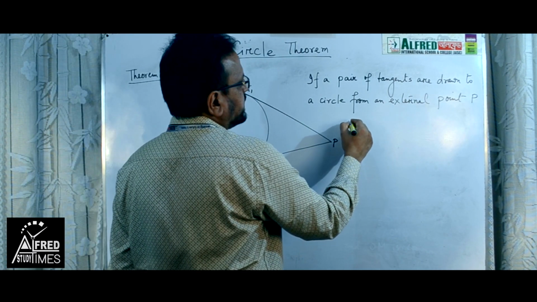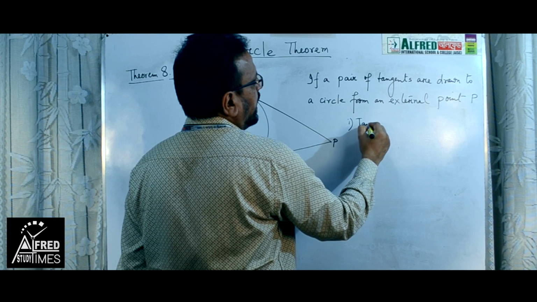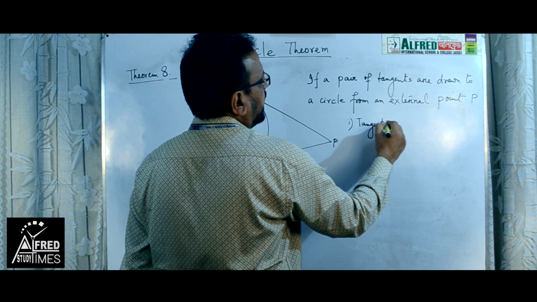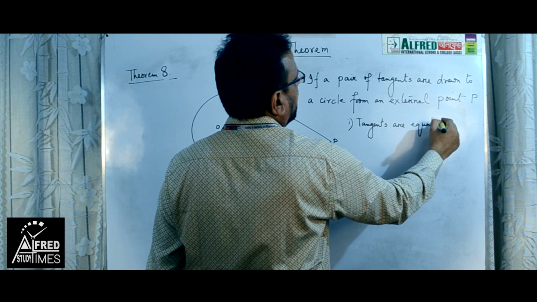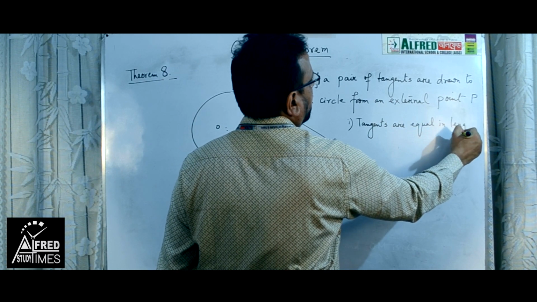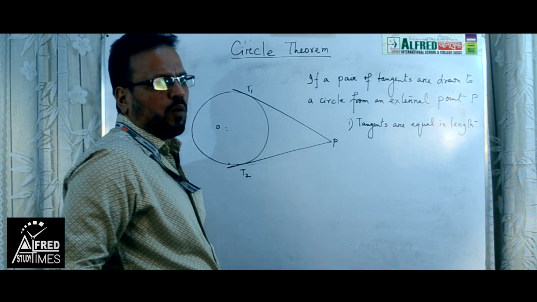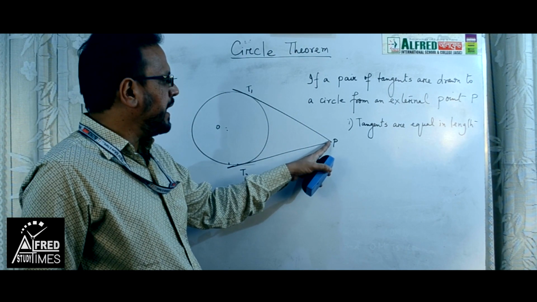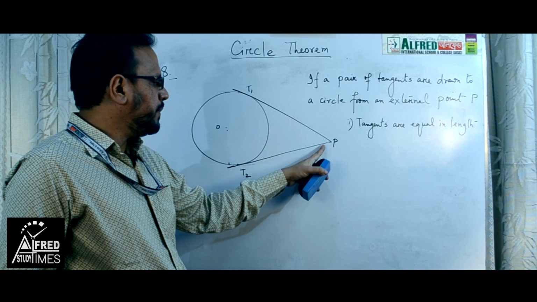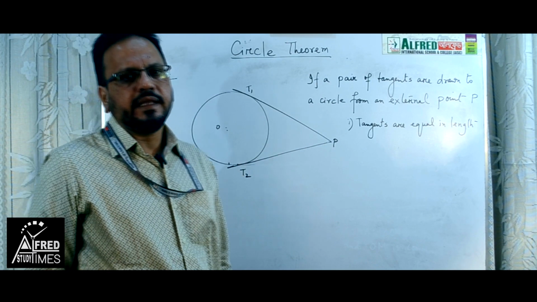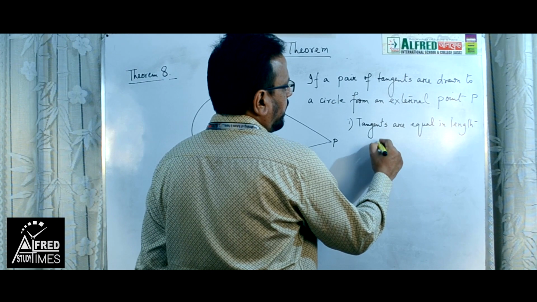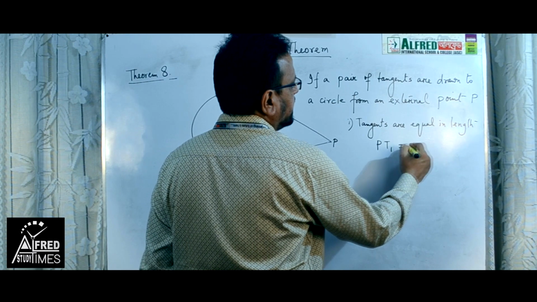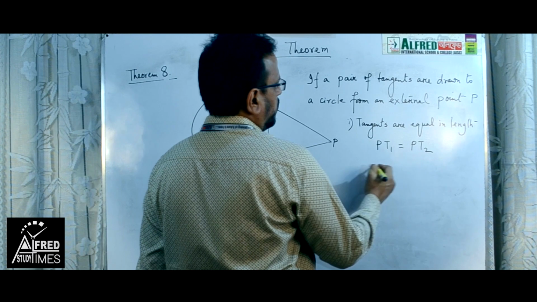The first one is tangents are equal in length. So tangents are equal in length means PT1 and PT2, these two lengths are equal. So we can write PT1 is equal to PT2.